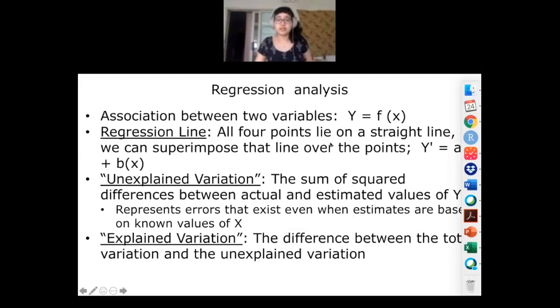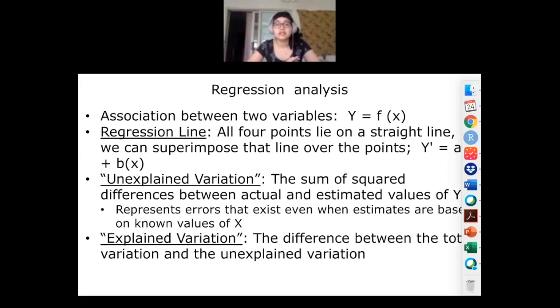This is still about regression analysis. And so explained variation is the difference between the total variation and the unexplained variation, and dividing that explained variation by the total variation produces a measure of the proportionate reduction of error, and it corresponds to a similar quantity in the computation of lambda.